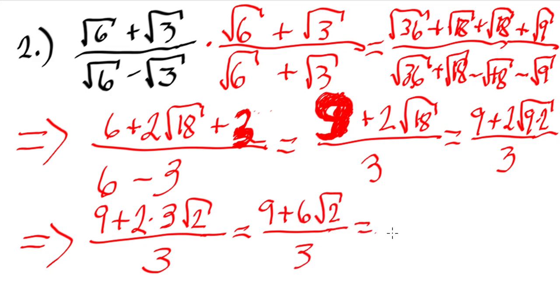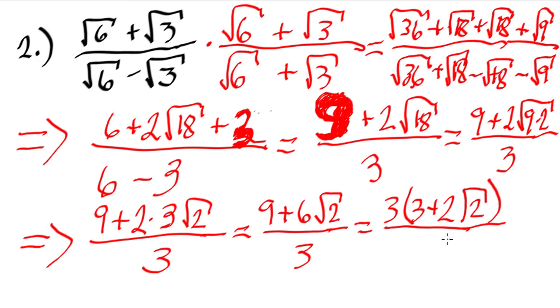Let's get the common factor of 9 and 6. That's going to be 3. So 3 times the quantity of 3 plus 2 square root of 2. How did we get this? Recall 9 as 3 times 3 and 6 as 3 times 2, so both have a common factor, which is 3. By common monomial factoring, we get the 3 out.